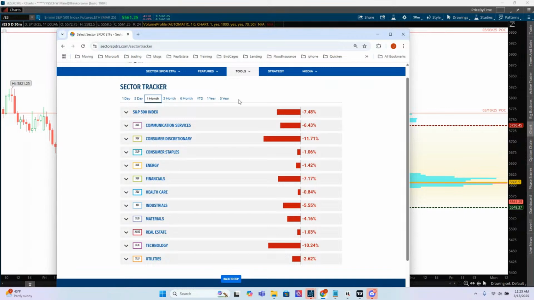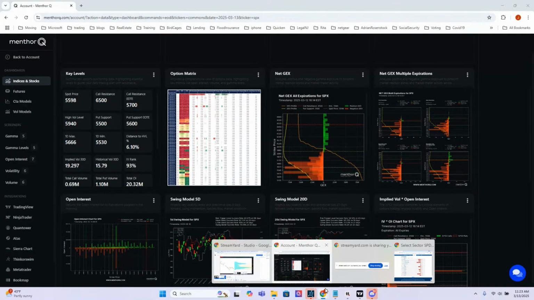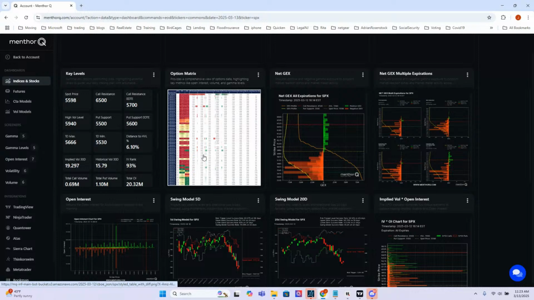Anyway, let's move on to the next thing that I'll look at, which is on the MenthorQ site. One of the things I find interesting is to look at the models that Fabio and his team put together.